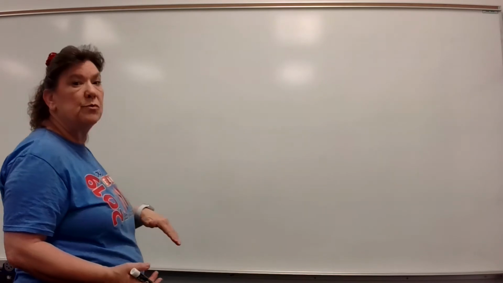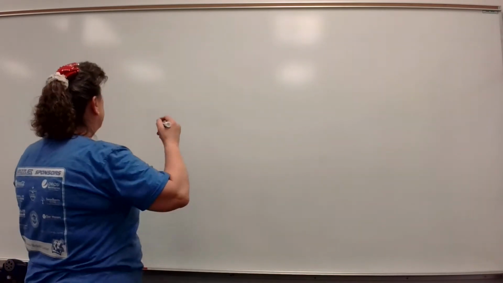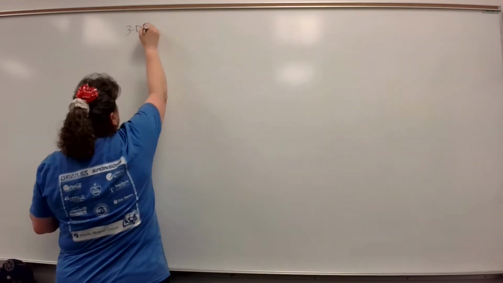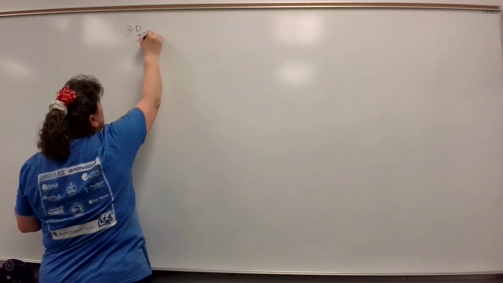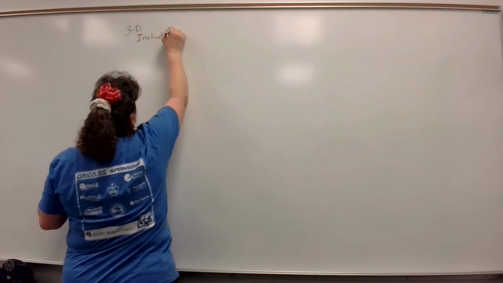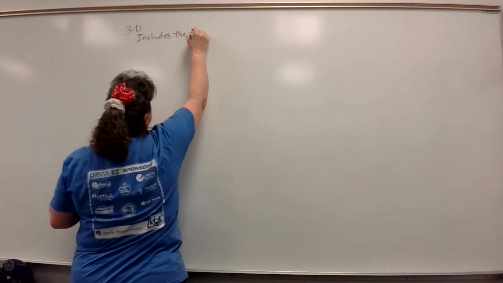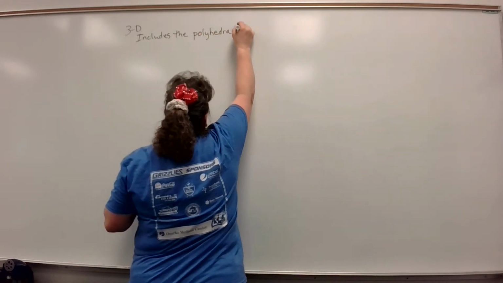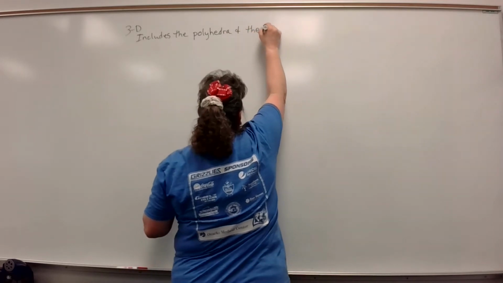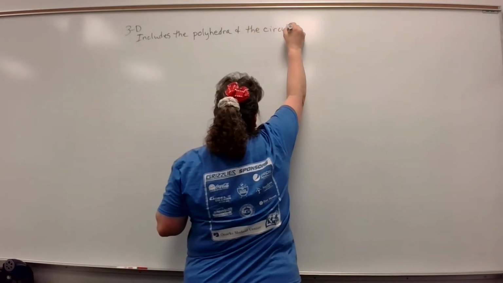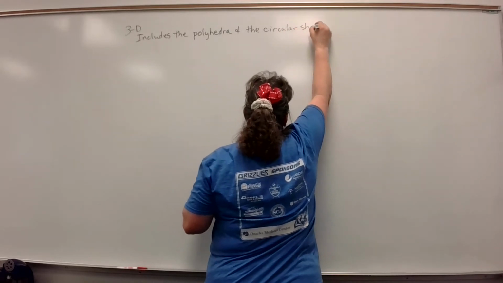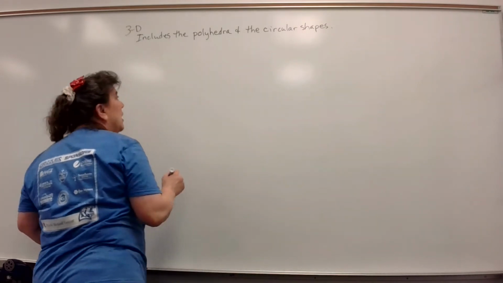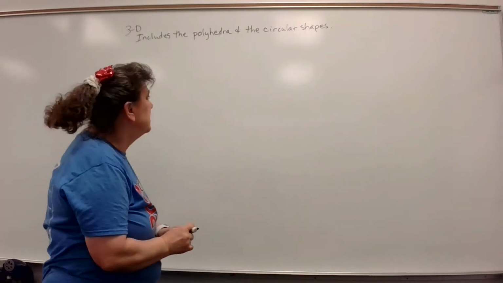Now we're moving into the ones that would be under the category of 3D. 3D is a larger category than polyhedra because 3D includes the polyhedra and the circular 3D shapes. So now we're going to look at the ones that are only 3D and not polyhedra. So let's look at those.